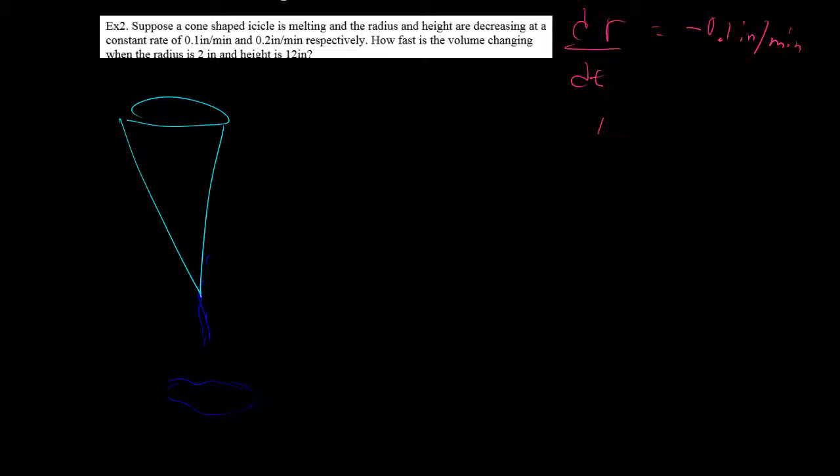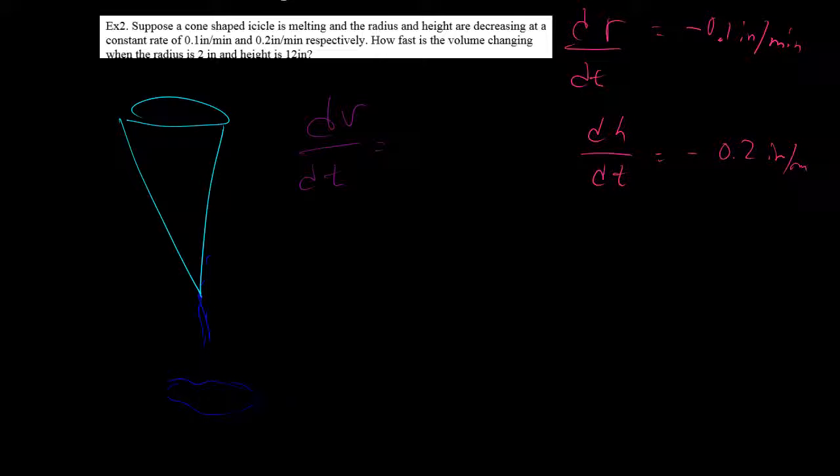And our height is decreasing at a rate of negative 0.2 inches per minute. So there we got the two things, and we want to find out how fast the volume is changing. So we're looking for dV/dt. This is what we want to figure out.